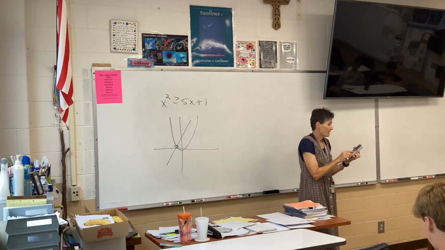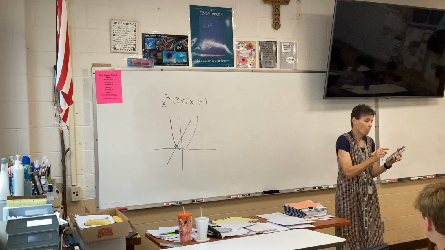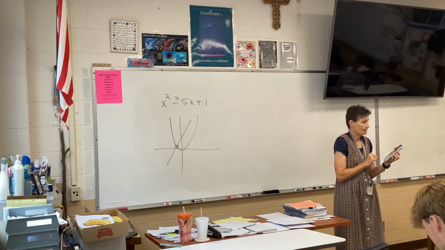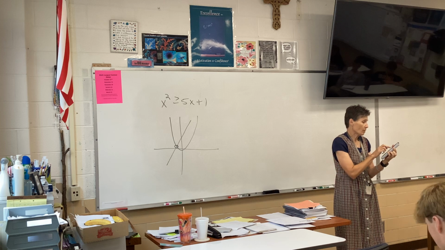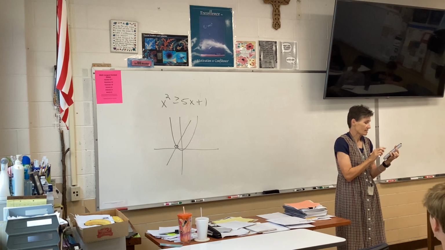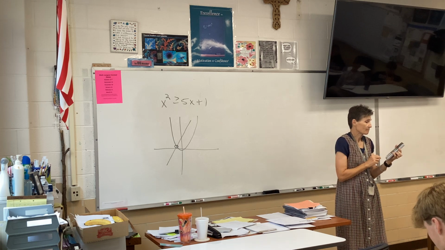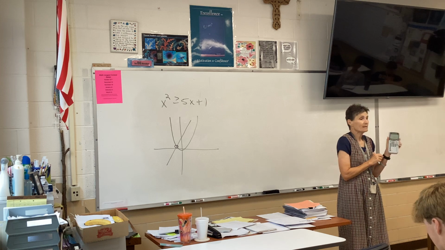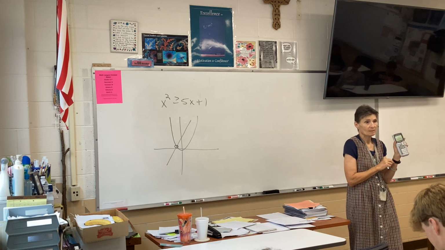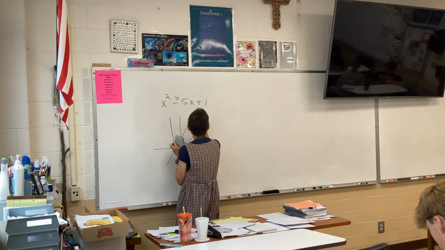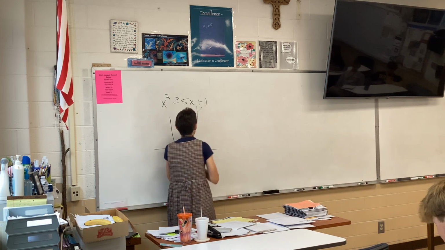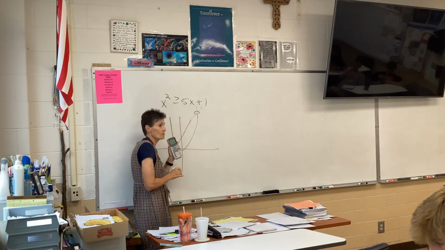I'm going to go ahead and make Y max 20. Still wasn't enough, was it? So I'm going to make Y max 40. Oh, now I can see it. Can you see it? If you make Y max 40, you should be able to see that other point of intersection.